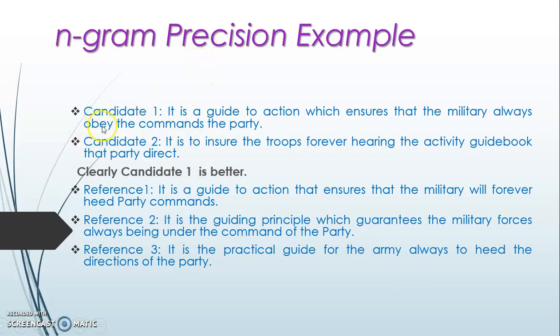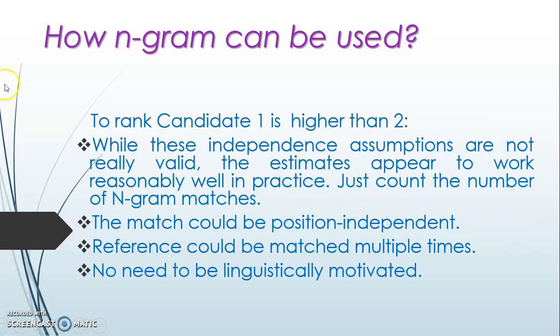Here we have 2 candidate sentences, that are the sentences obtained as output from the model, that is the translated sentences by the machine translation algorithms. And for comparison, we have 3 reference human translations of the same sentence.